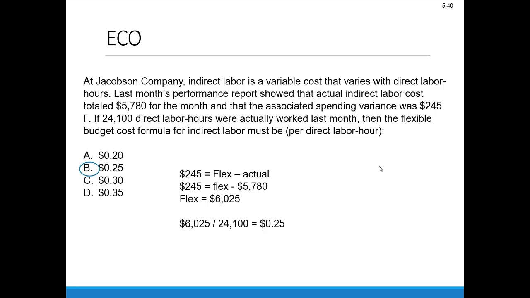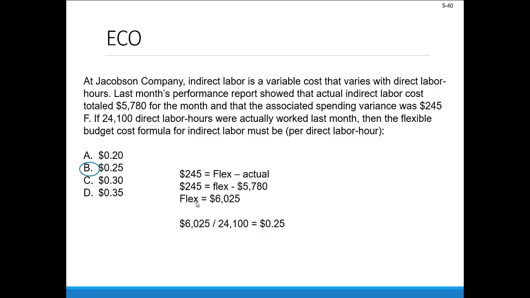That would be 25 cents per labor hour. So we know that the spending variance there was $245 favorable, and that would come from comparing the flex budget to the actual result. We don't know what the flex budget amount was in total. We do know the actual spend was $5,780. So we're saying the $245 variance would equal our flex budget minus the $5,780 actual spend.